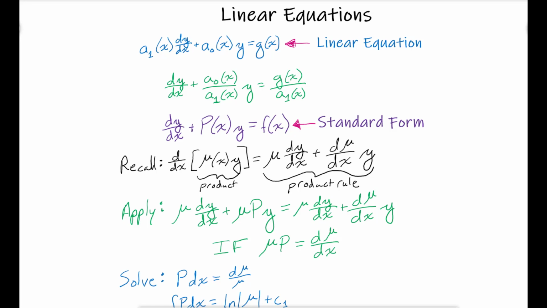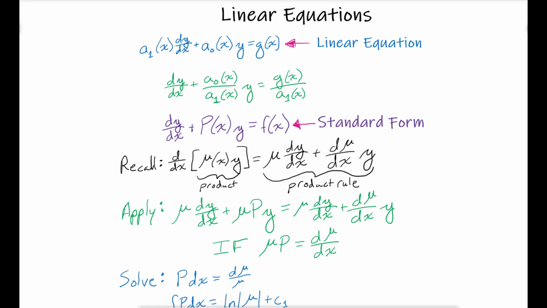Well, that looks a lot like the results of taking the derivative of a product when we use the product rule. So I've rewritten the result when we take the product rule of mu of x times y, and that product was mu of x times dy dx plus d mu dx times y.